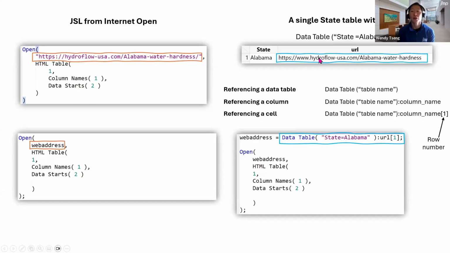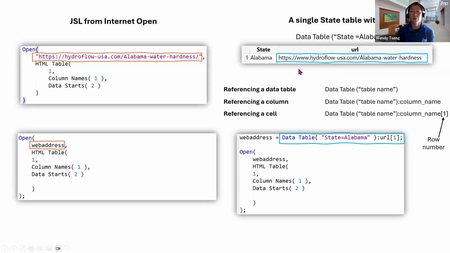And then if we think of just the Alabama table, I need to be able to reference for the web address a particular cell in this data table. And that cell contains the URL.